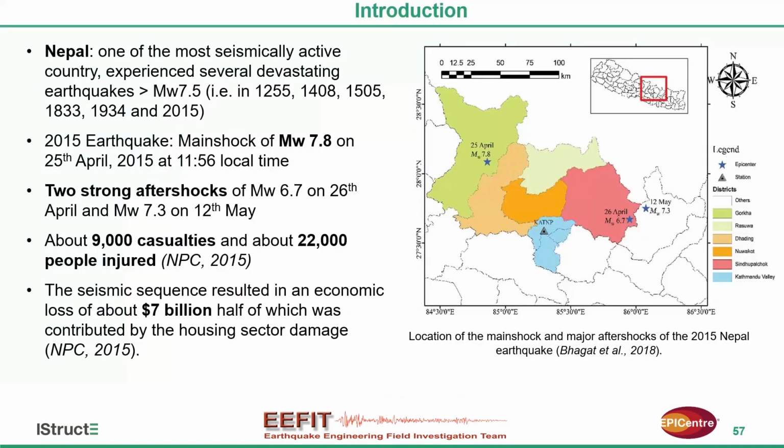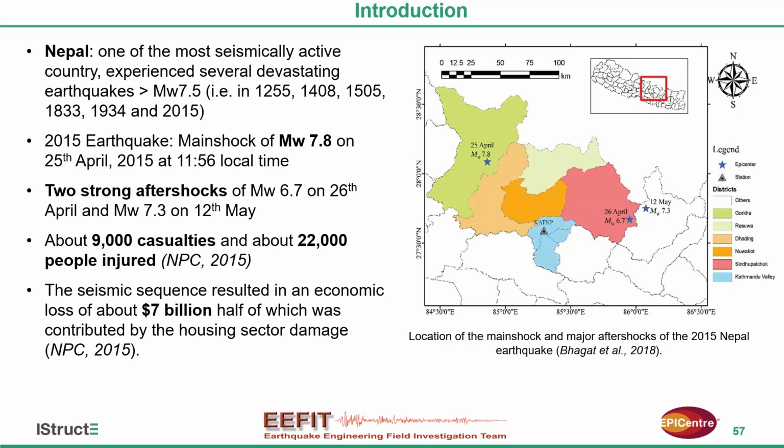You have already seen these numbers. Basically, Nepal is one of the most seismically active countries in the world and has experienced devastating earthquakes of magnitude more than 7.5 every century. The 2015 earthquake had a main shock of 7.8 magnitude, which occurred on 25th April 2015, and was followed by two strong aftershocks within 20 days, but with epicenters at different districts, as you can see on the map.